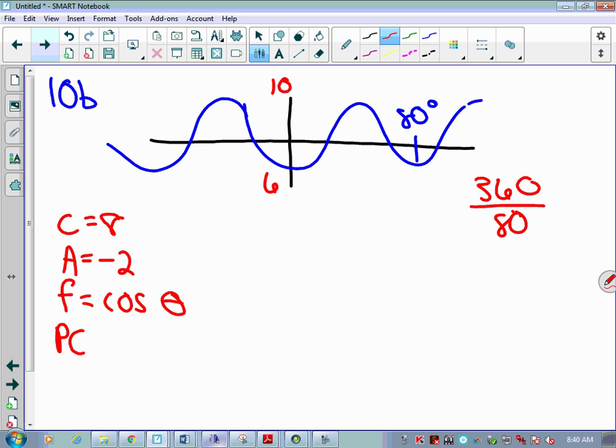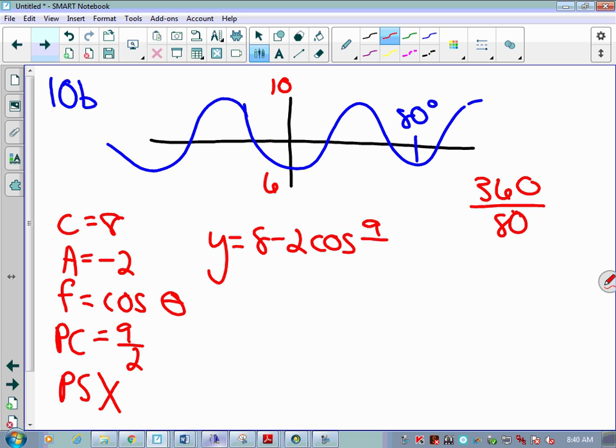Probably going to be 9 halves. 9/2. So my period change is 9/2. There is no phase shift, so now we're just ready to write y equals 8 minus 2 cosine 9/2 theta. And I probably would have taken 4.5 theta.